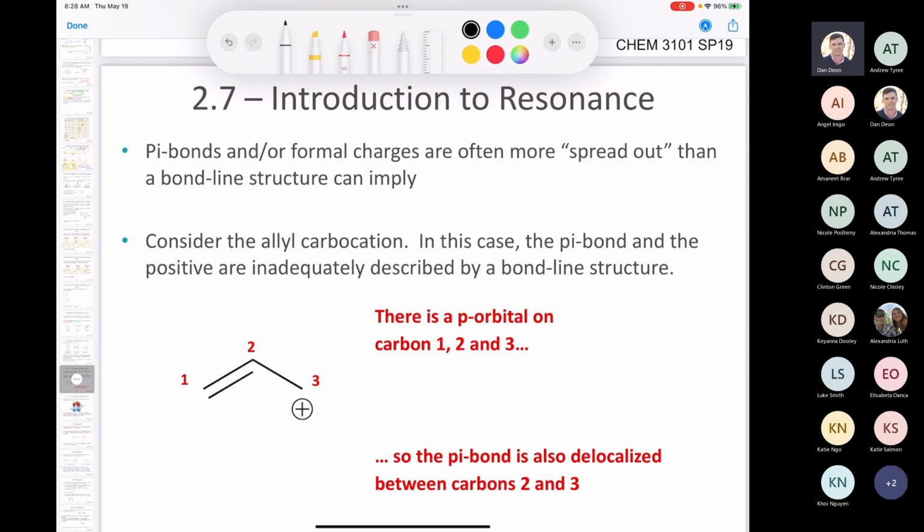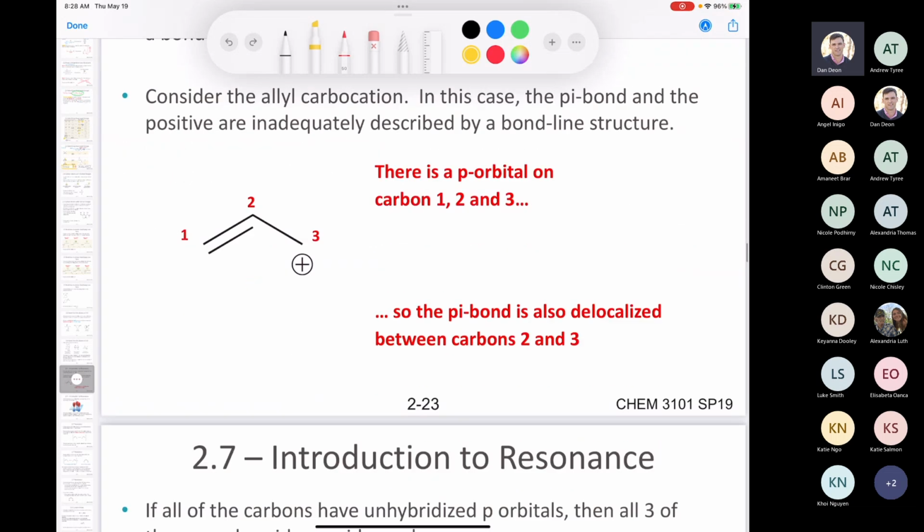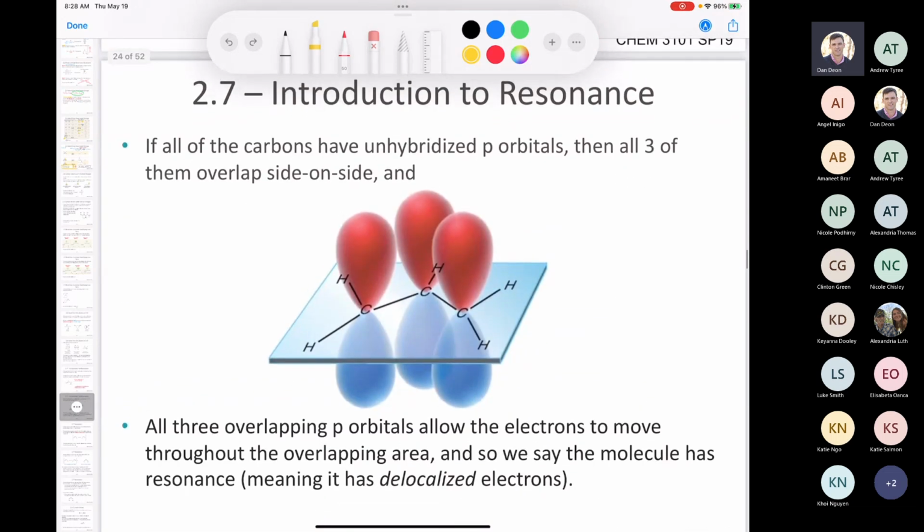They're more spread out than are implied by this structure right here. And so we use resonance structures to fully represent how the electrons and the positive charge are spread out throughout the allyl carbocation. So we took a look at the 3p orbitals, and here is an even better picture, if you can believe it, than what I drew this morning, because we can actually see those 3p orbitals overlapping.